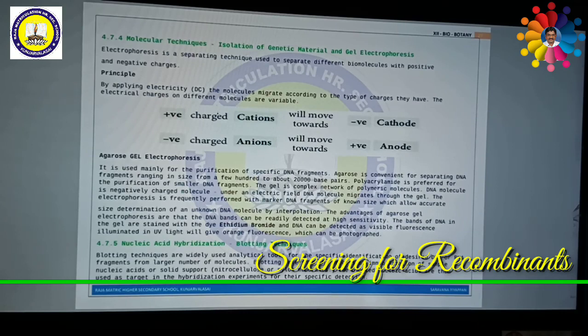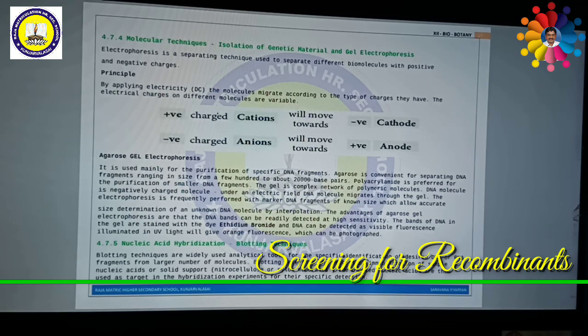Don't forget it: ethidium bromide can be detected as a visible fluorescence when illuminated by ultraviolet light. If you light it with ultraviolet light, it is easily illuminated with an orange fluorescence which appears on the screen. We can take photographs and video, and in such a way we can easily identify the movement.